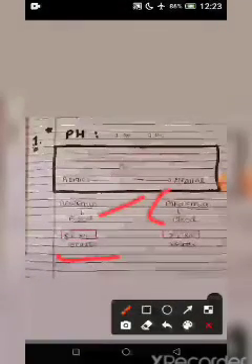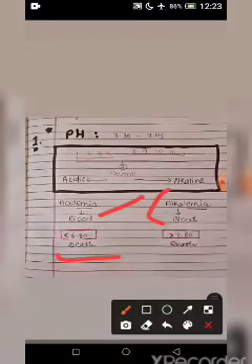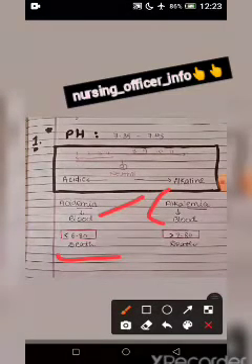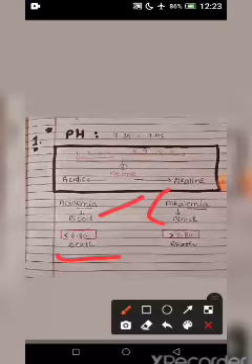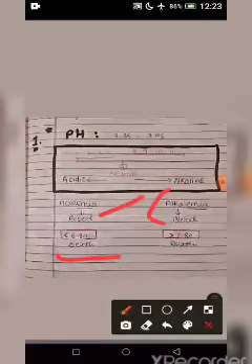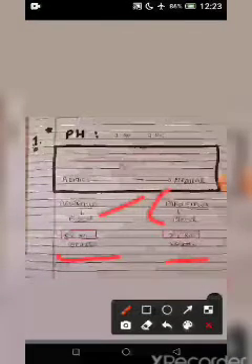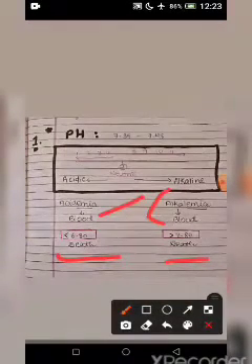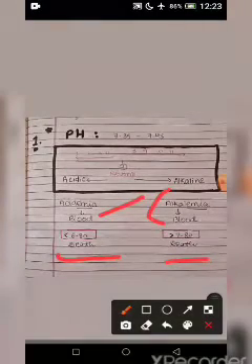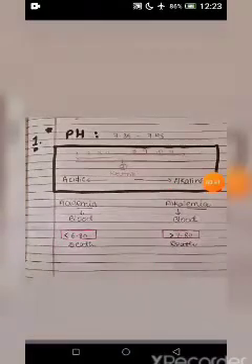A pH below 6.80 may cause, or definitely there are chances of, the death of the patient. And in case of alkalemia, when the pH goes above 7.80, there are chances of the death of the patient.